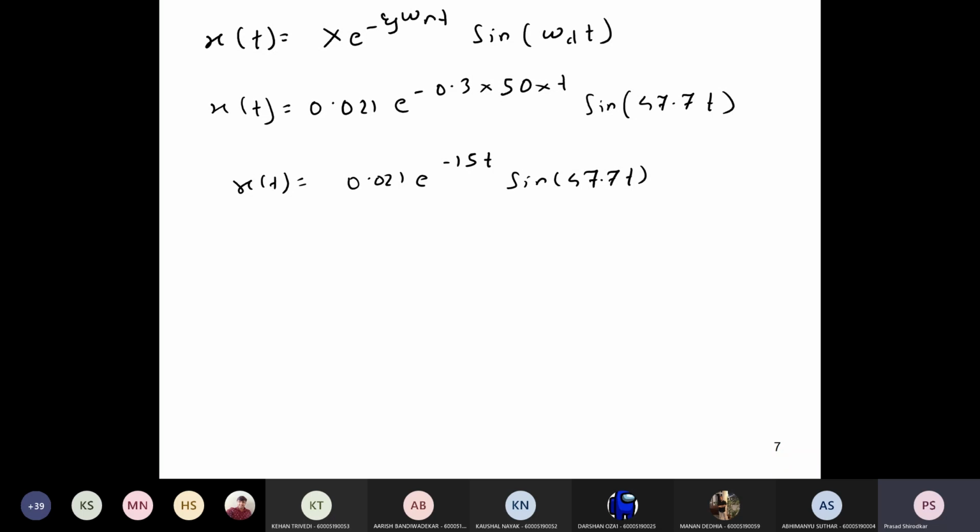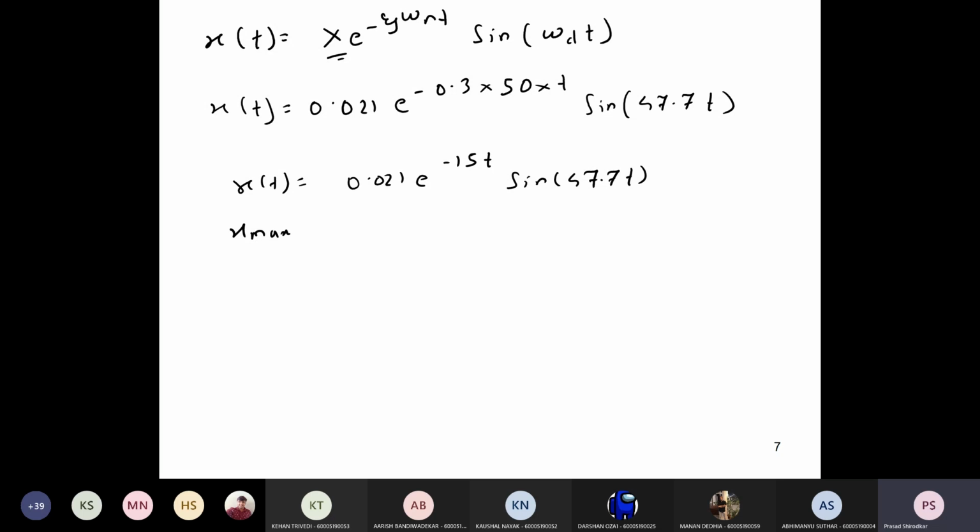So what we got, X is not the maximum displacement, it is the initial amplitude of the mass. So now differentiate this and equate it to 0 and find the corresponding time. So what we have got is the value of X. Now we have to find out x max.